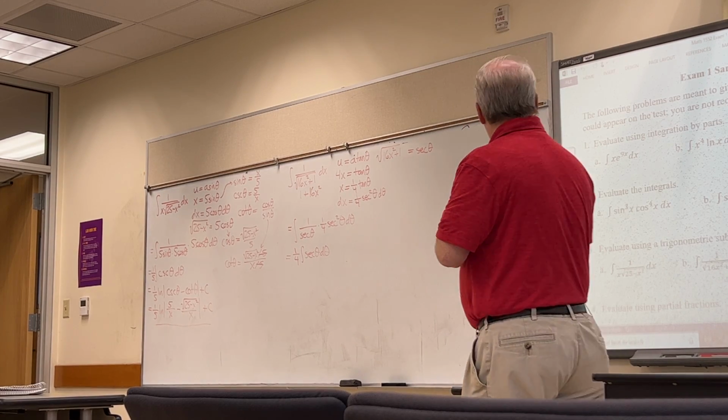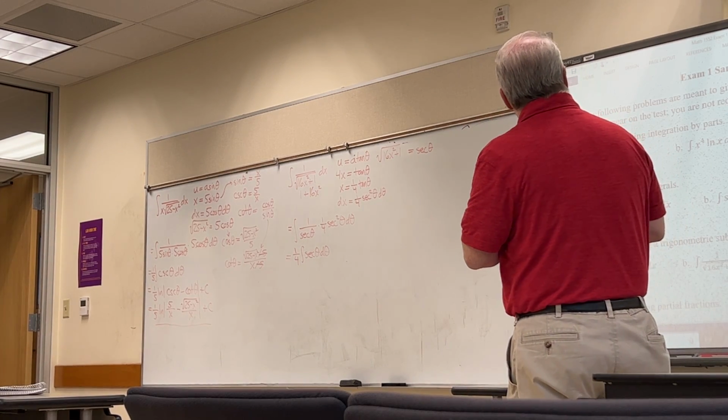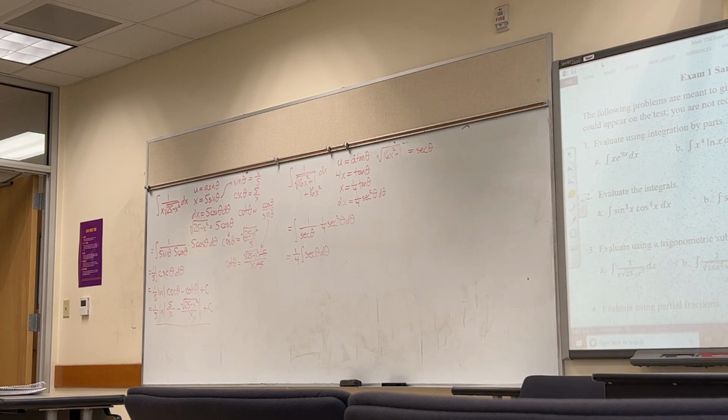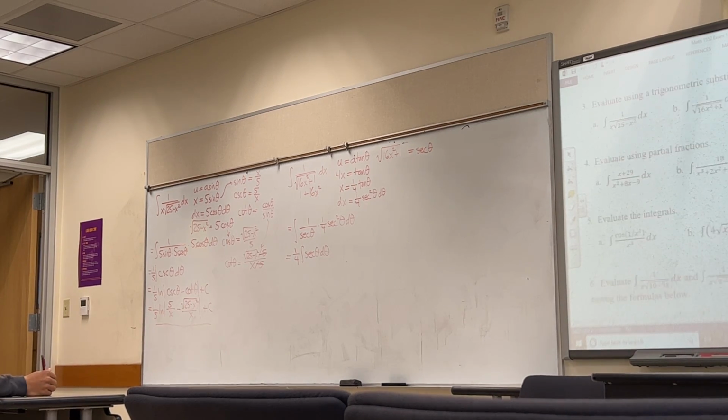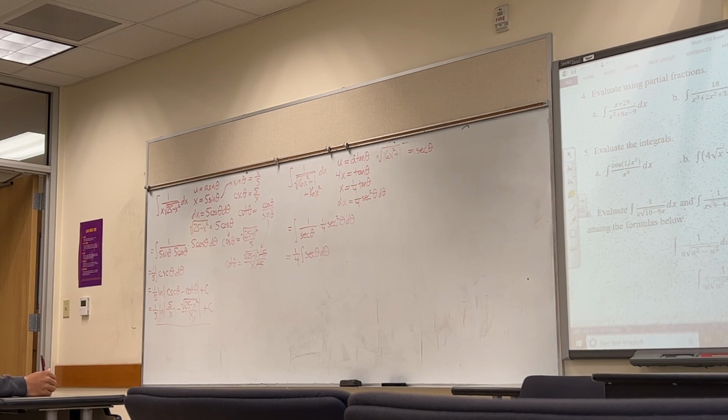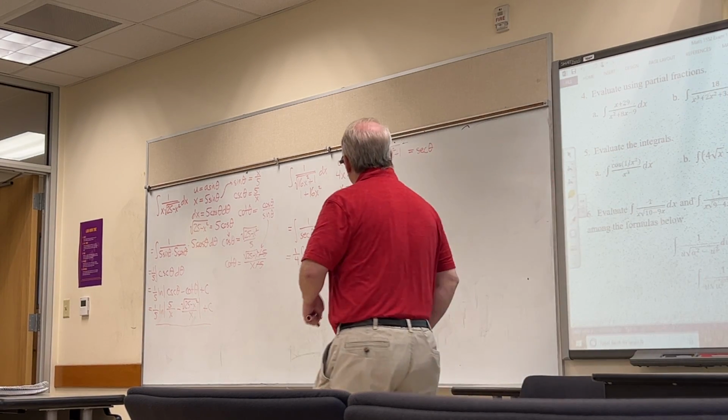Could you do 4B? All right, so number 4. That's where we're using partial fractions. So let's go ahead and do that one.